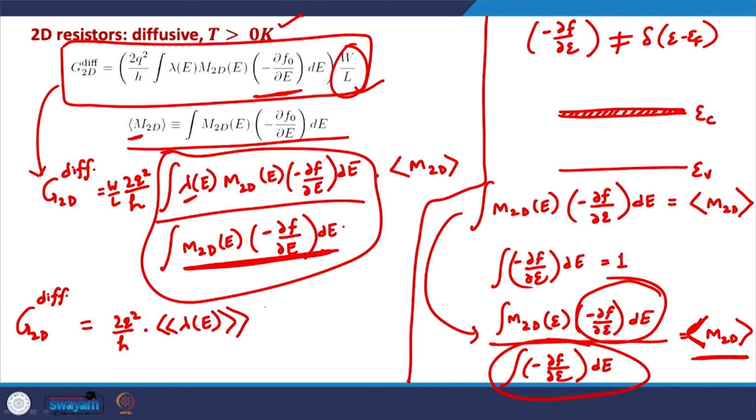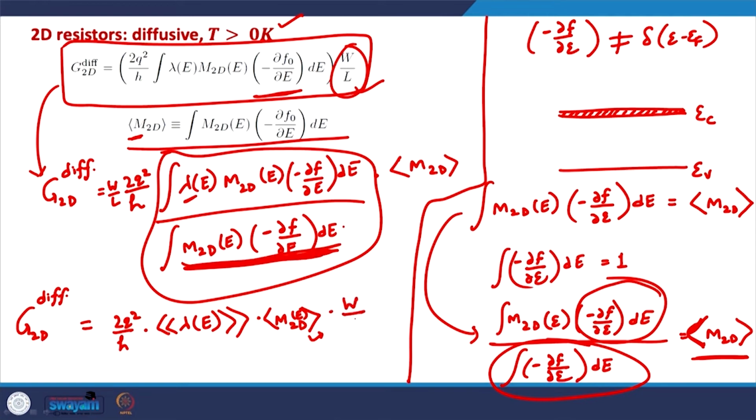We have used a different sign for this average just to make a distinction between the average of m2d E and lambda E, because these two averages are of different kind. This average is taken over the Fermi window, and this average is taken over the modes in the Fermi window.